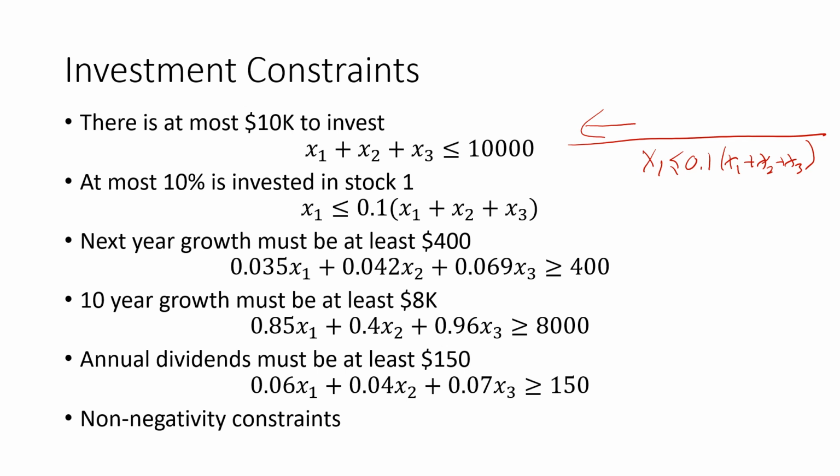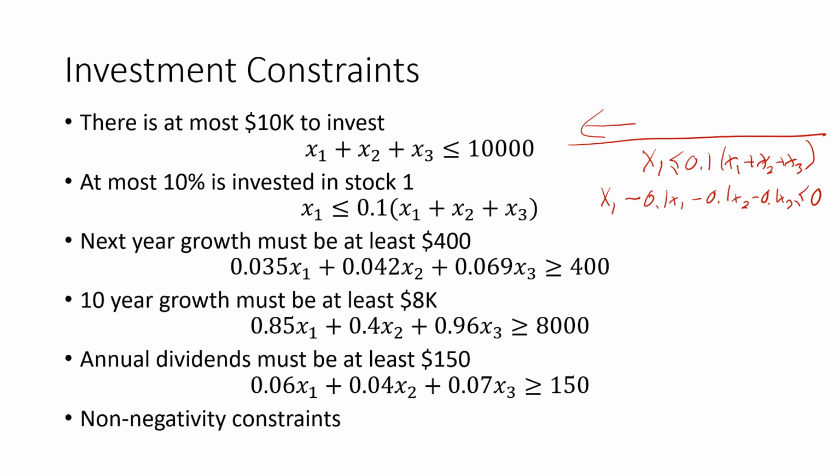So we can rewrite that as X1, taking everything from the right-hand side to the left side, minus 0.1 X1, minus 0.1 X2, minus 0.1 X3 is less than or equal to 0.